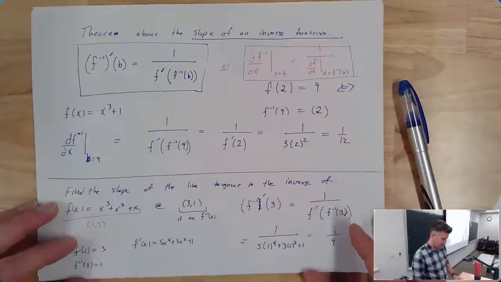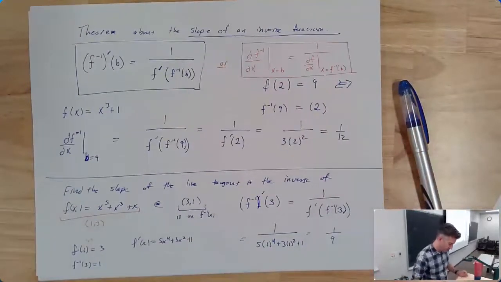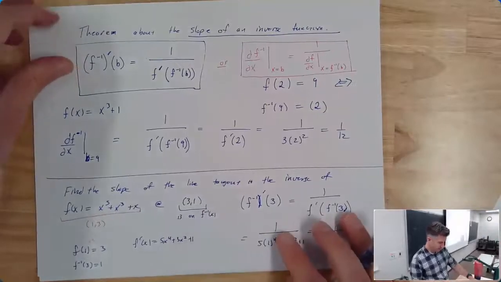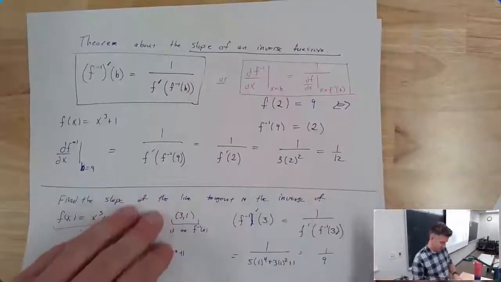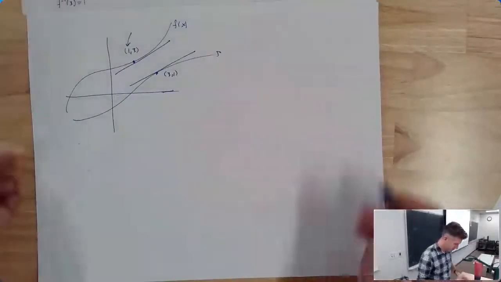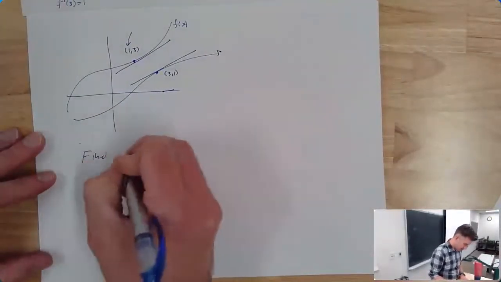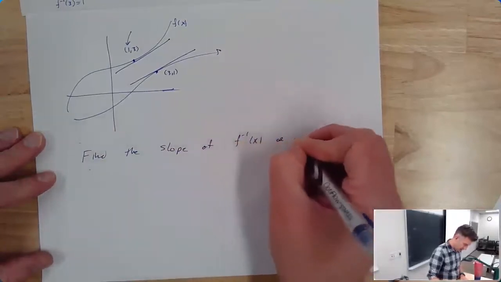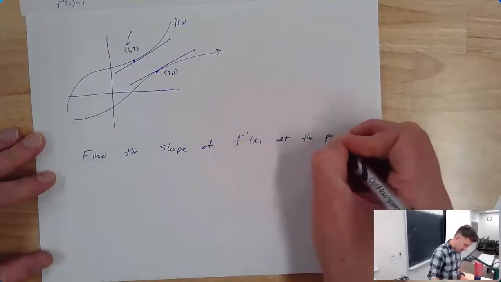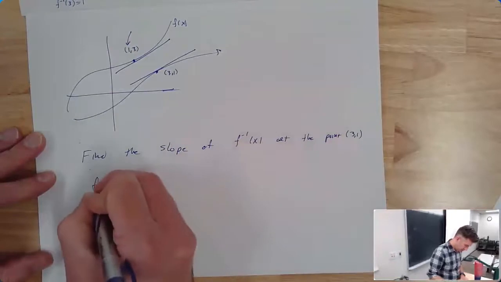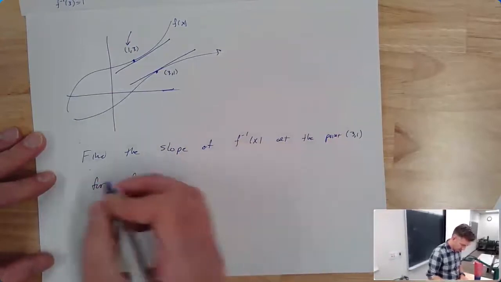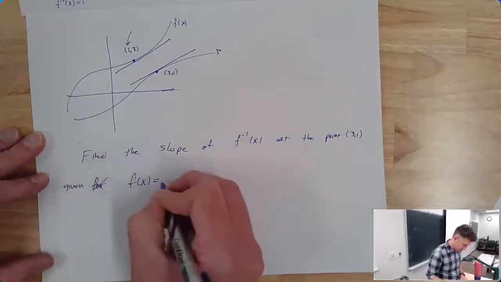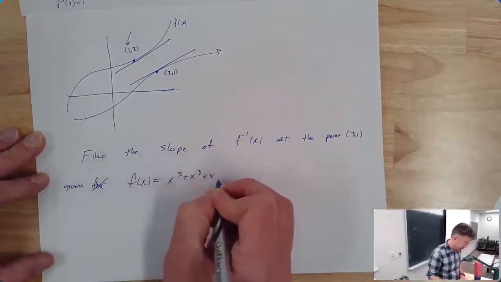I suppose if I was going to say, I would say I want to find the slope of the tangent line of the inverse function at x equals 3. So a better way to have written this would have been to say, find the slope of f inverse of x at the point 3, 1, given that the original function is f of x equal to x to the 5th plus x cubed plus x.